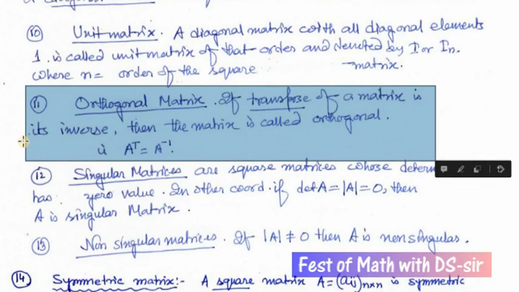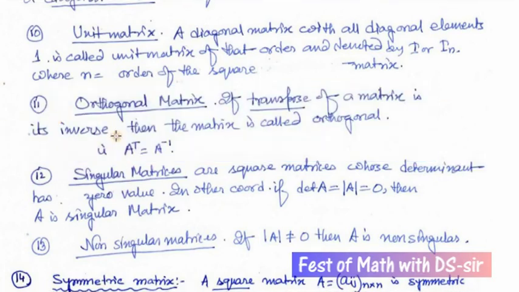If the transpose of a matrix is its inverse. What is inverse? Just like determinant, we learned that if A and B are two determinants and A into B is equal to B into A is equal to I, that is the identity, then A and B are inverse to each other.